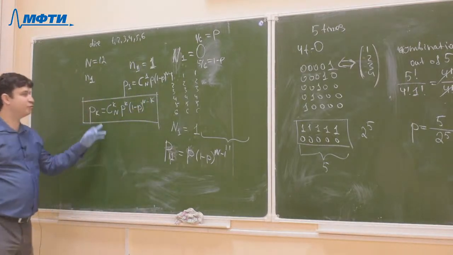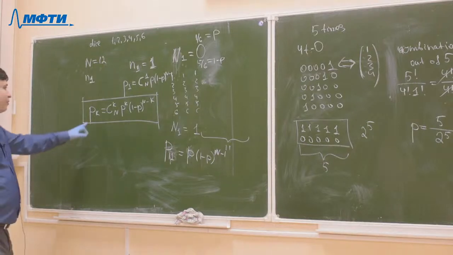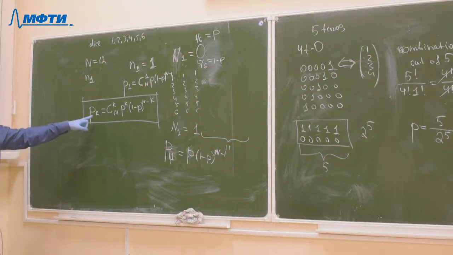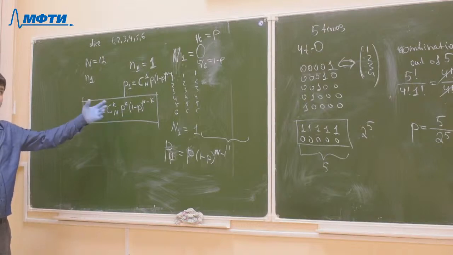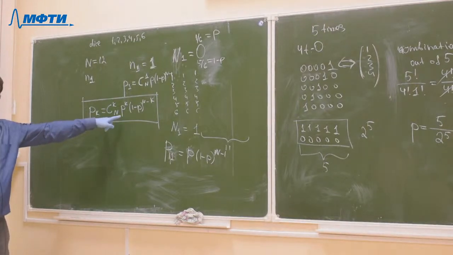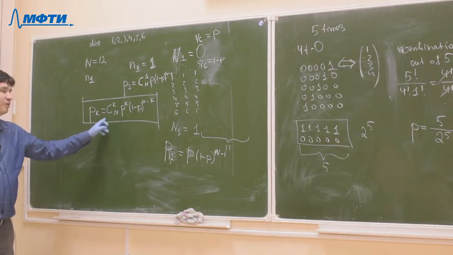By writing this formula, I define a probability distribution. For each number k, I have a number which is called the probability of this number, the probability of k events happening. This is called a probability distribution.